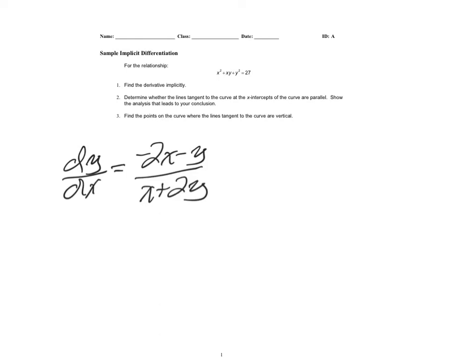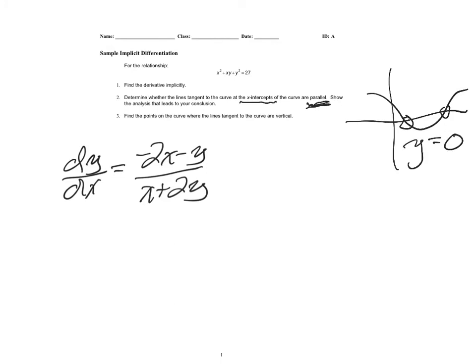Okay, so for tangent lines to be parallel, they have to have the same slope. And a tangent line at the x-intercept means that if this were my curve, these would be my x-intercepts. And what's true of the x-intercept is that y equals 0. So I'm going to substitute y equals 0 into my dy dx.